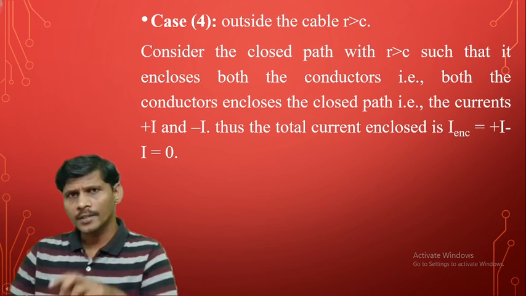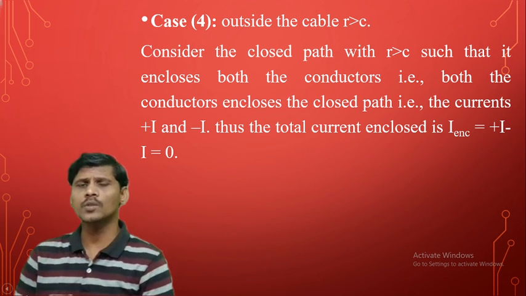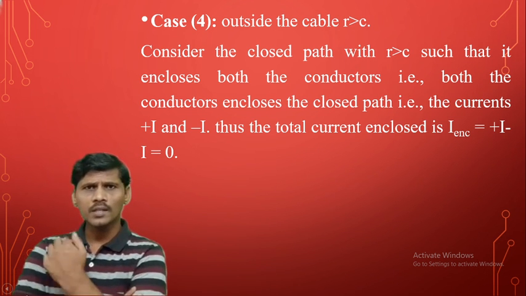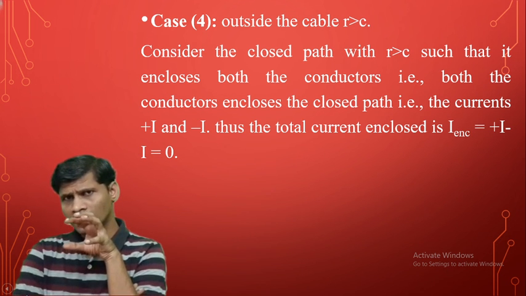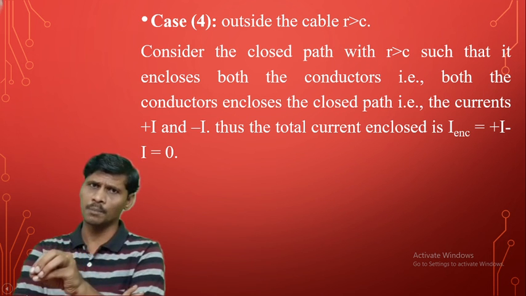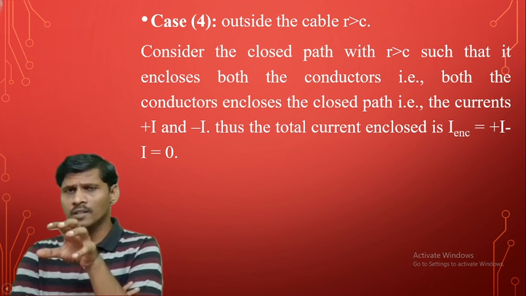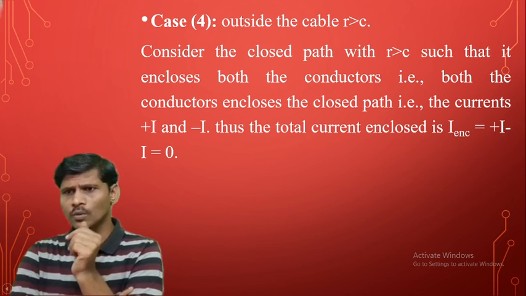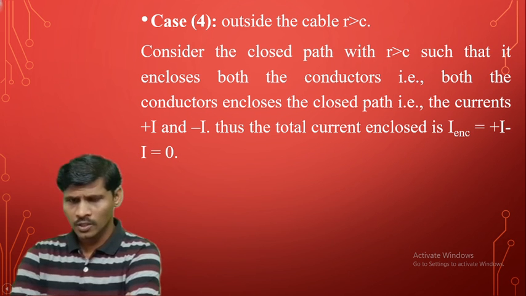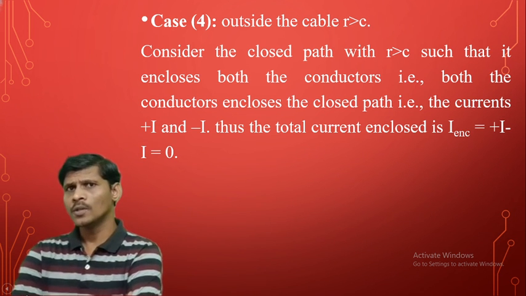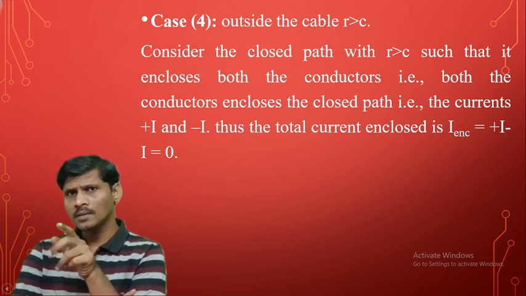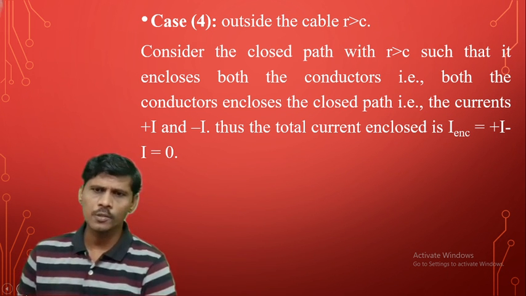Here the Amperian path is outside the outer conductor, such that it encloses both currents: the inner conductor carries direct current I amperes and the outer conductor carries current minus I amperes, and both conductors are enclosed by the closed path. Therefore, the total enclosed current is plus I minus I, which is 0. According to Ampere's circuital law, there is no current enclosed by the closed path and the magnetic field intensity H bar is equal to 0.